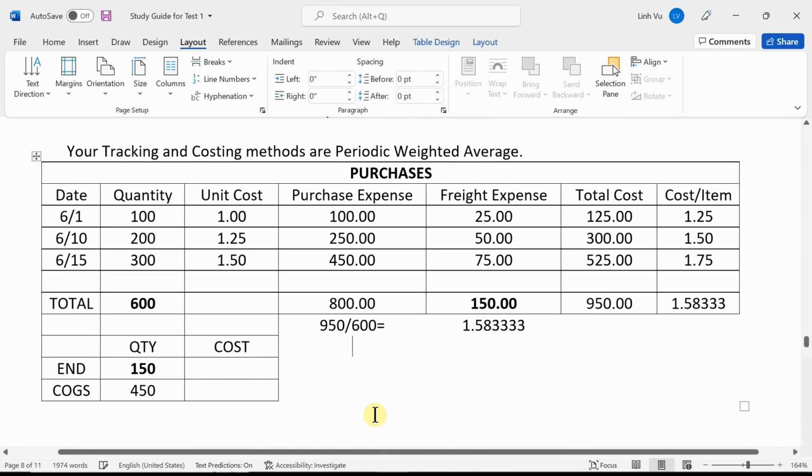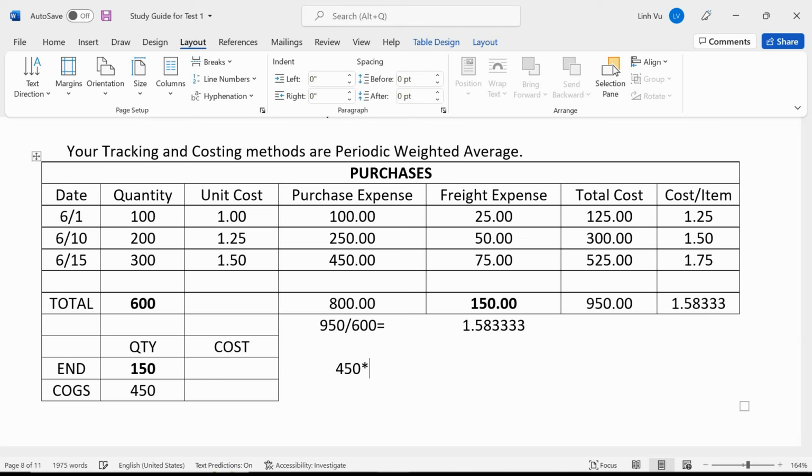So in this case, right, if I need to solve for my cost of goods sold, it was 450 times $1.583. What is my cost of goods sold going to be? When I rounded up, it was $712.50. Good.